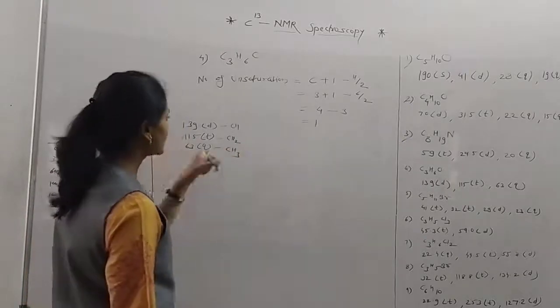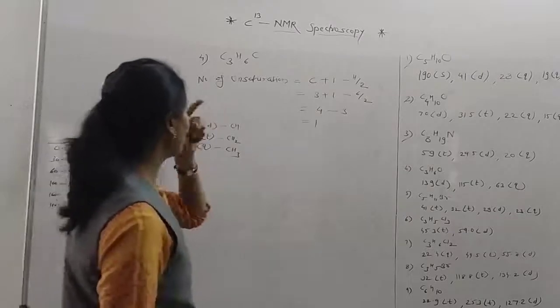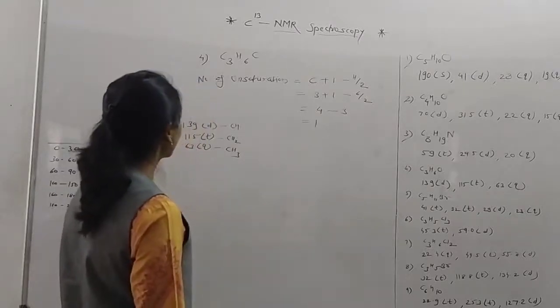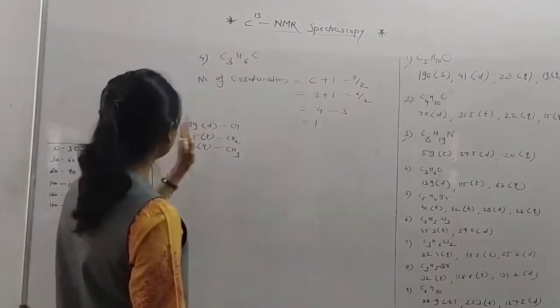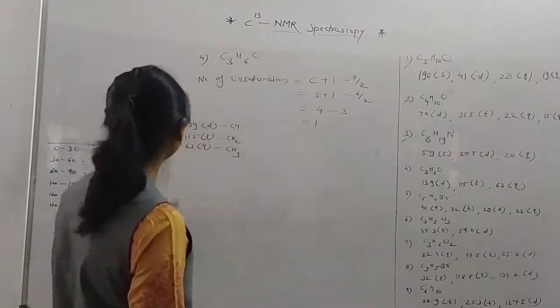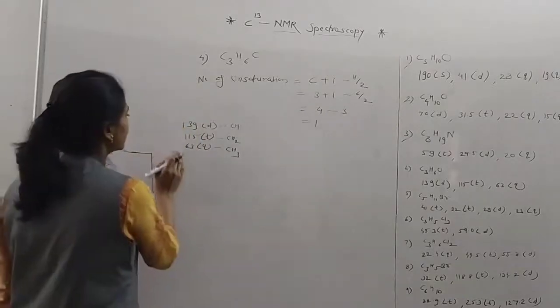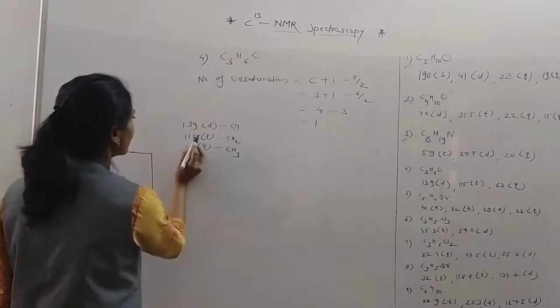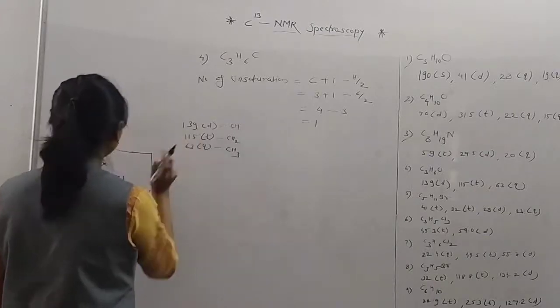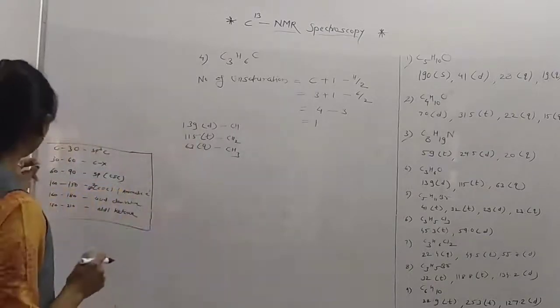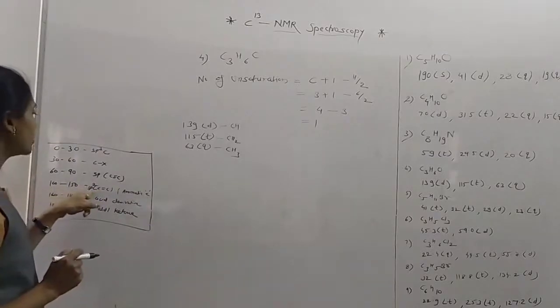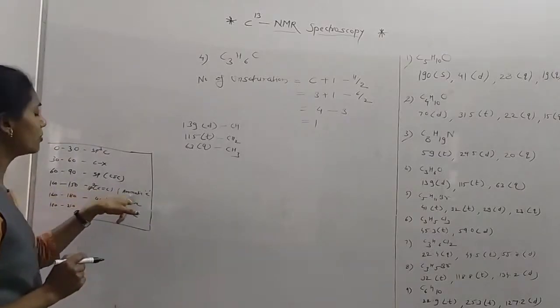Now, as the environment is different and one oxygen is there, see at which area the signals are obtained. 115, 139, that means above 100. The above 100 region is sp2 hybridized carbon, carbon-carbon double bond or aromatic region.